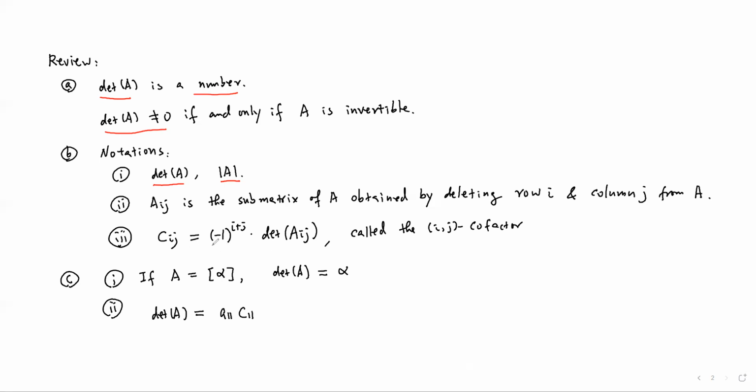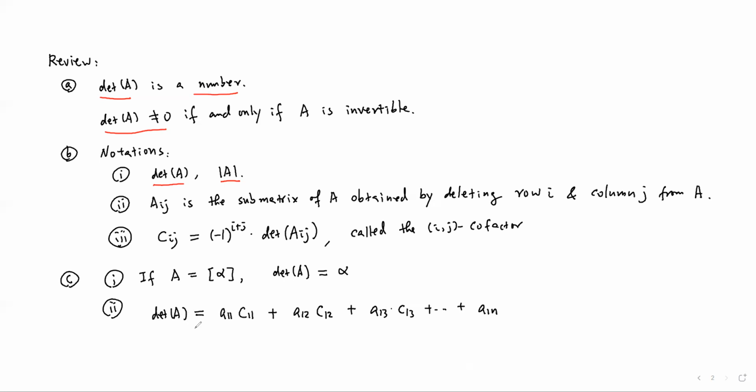C11 is from the formula for Cij. So for C11, i is 1, j is 1. Then plus the second entry on the first row, A12, times C12, plus the third entry A13 times C13, and so on. The last entry on the first row is A1n, and I assume the matrix is n by n, a square matrix.